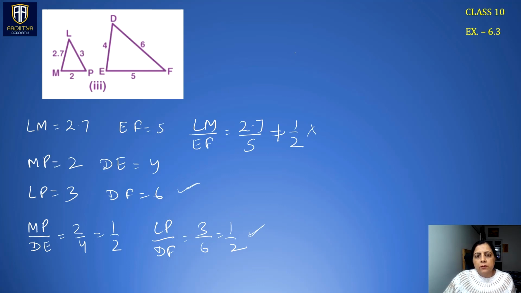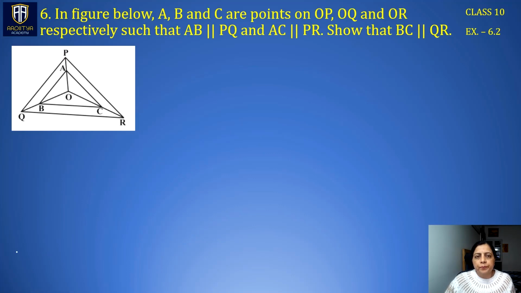So we can say that triangle MPL is not similar to triangle DEF, since the three ratios of the corresponding sides are not equal, and neither are we given any angle in this figure. So these two triangles are not similar.